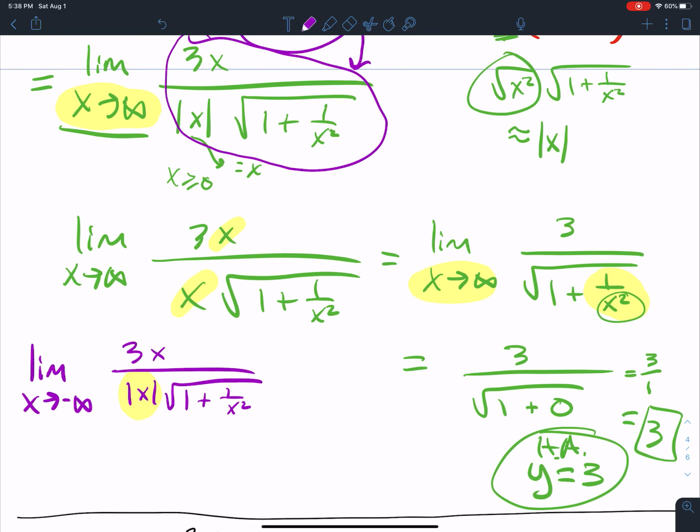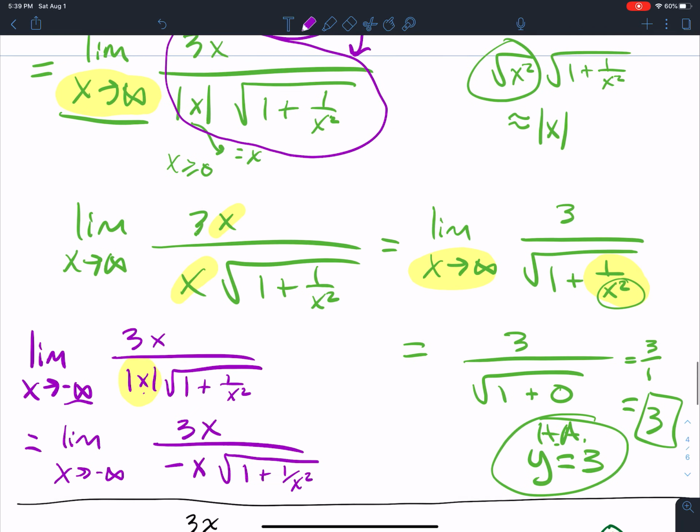Absolute value of x for negative numbers becomes negative x. So this becomes the limit as x goes to negative infinity of 3x over negative x, okay? And then square root 1 plus 1 over x squared.